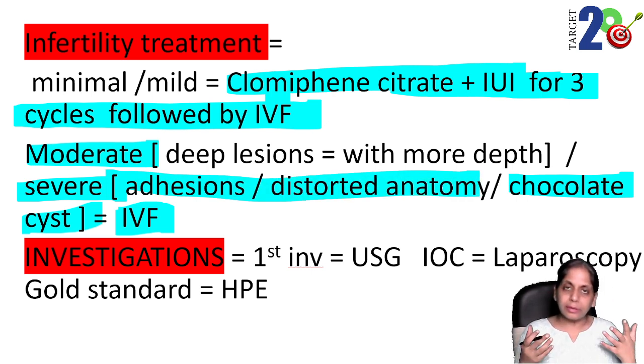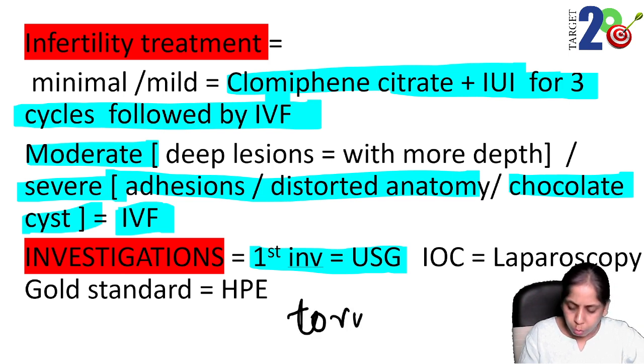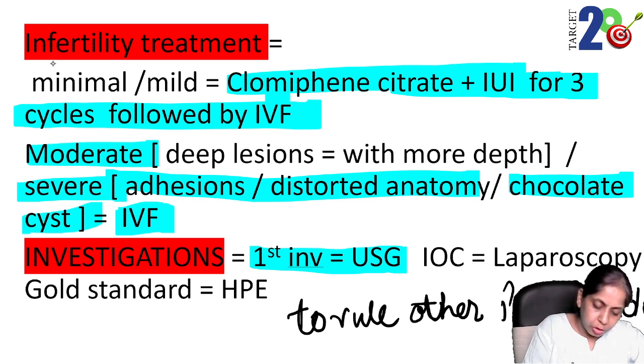So what is basically the first investigation? The first investigation which we do is always the ultrasound. Why is ultrasound the first investigation? To rule out other pain pathologies. But what is the investigation of choice?